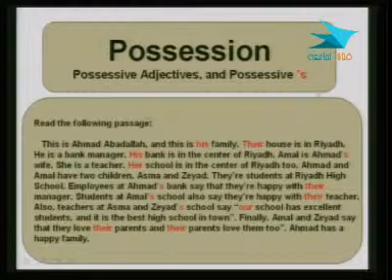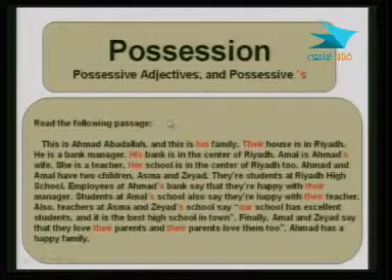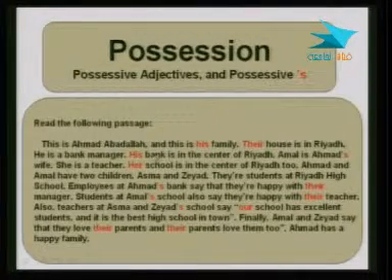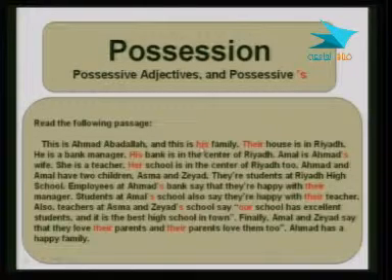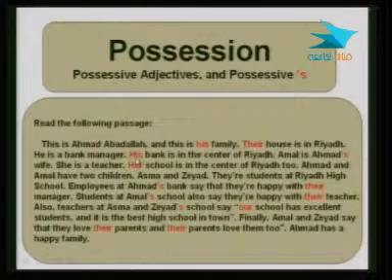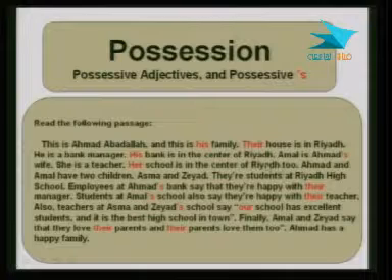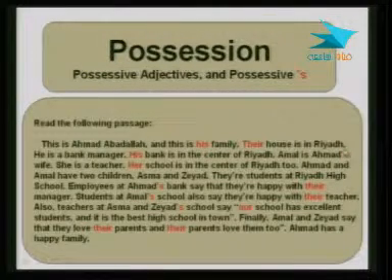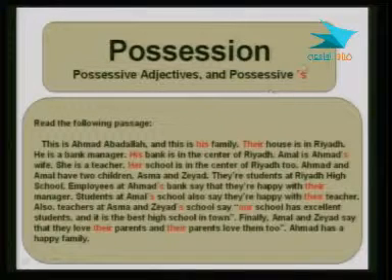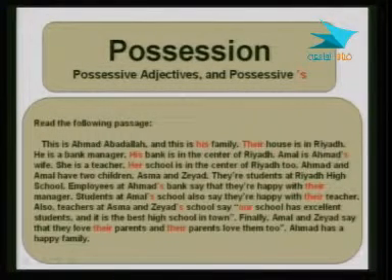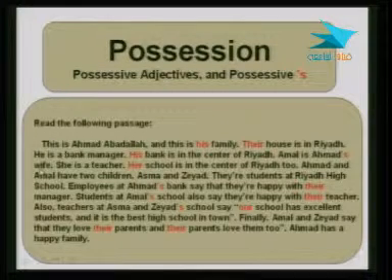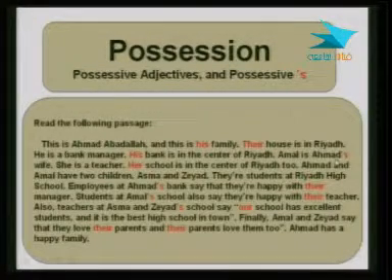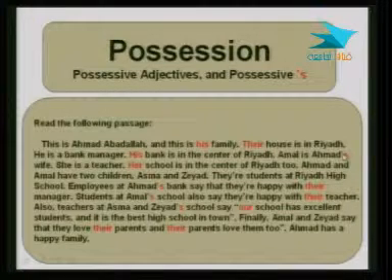Now, here we notice in red color the words his, their, his, her, and this is the apostrophe with S. And this is called possessive with S. We use it to indicate that here, the wife belongs to Ahmed. She is his wife.